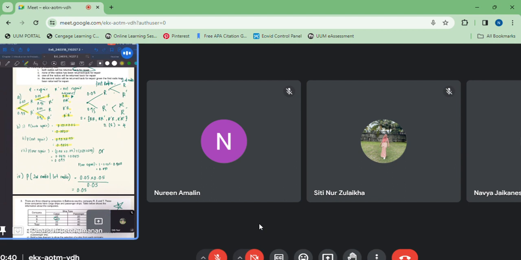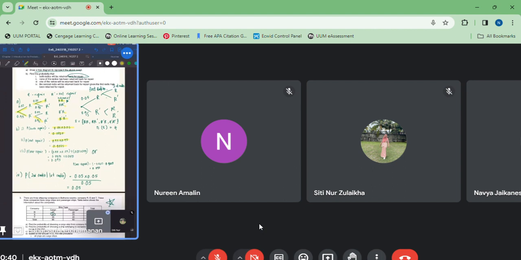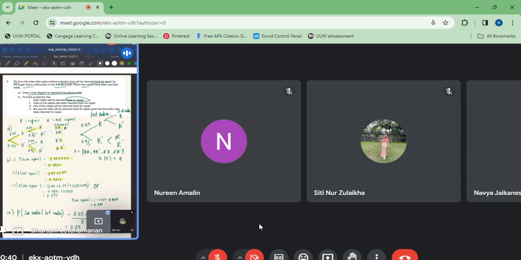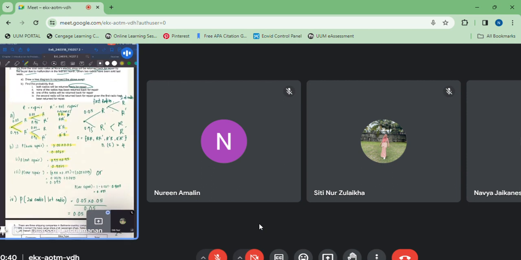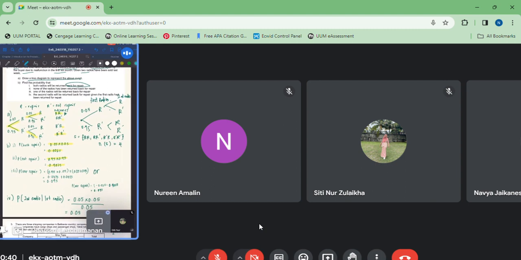Okay, and then the next one. They said one of the radios will be returned for repair. One is repaired and one is not repaired. So from here, you'll know 0.05 times 0.95 and 0.95 times 0.05.